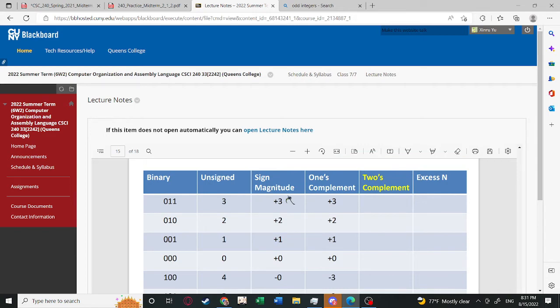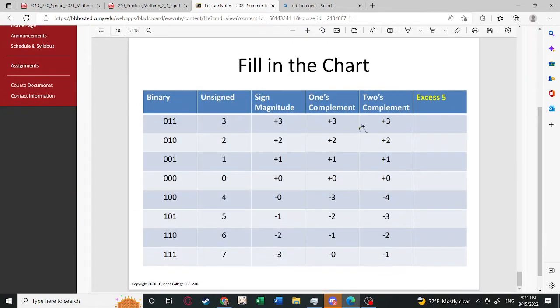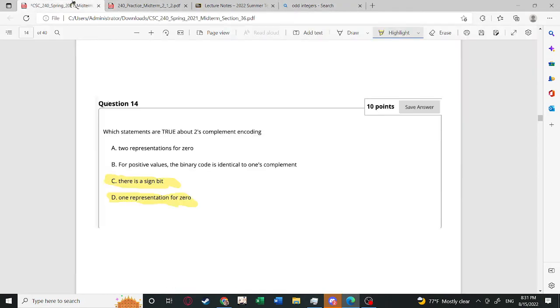Here you see 3 and 3, 2 and 2, 1 and 1. They're all the same, so that's also an answer. And that's it.